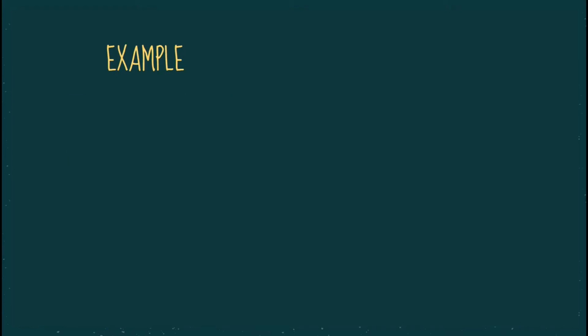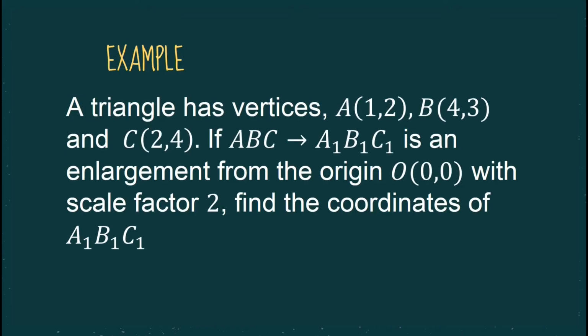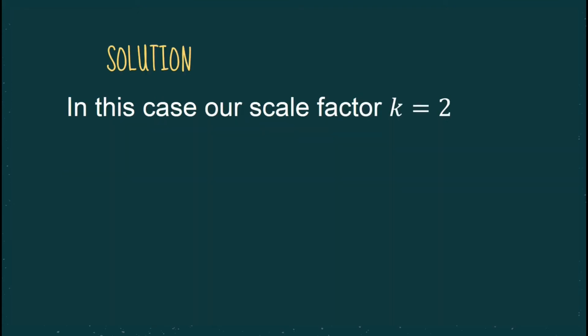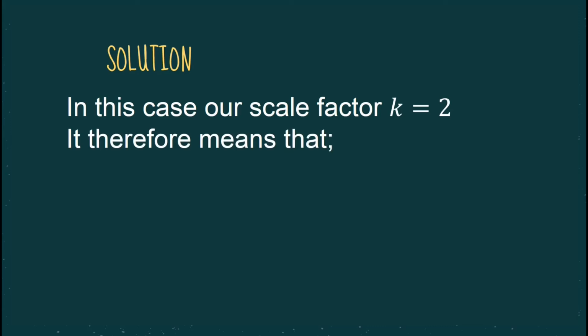Let's look at an example. In this example, a triangle has vertices A(1, 2), B(4, 3), and C(2, 4). If ABC mapping to A1, B1, C1 is an enlargement from the origin O(0, 0) with the scale factor 2, find the coordinates of A1, B1, C1. Now remember that the scale factor given in the question is k equals 2.